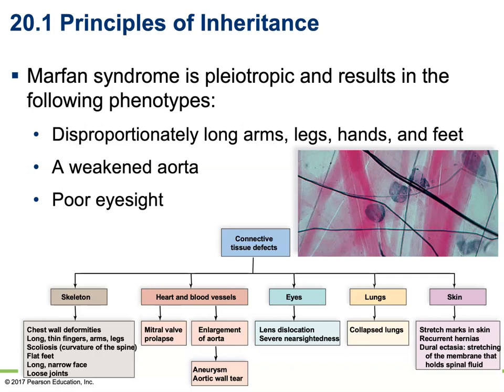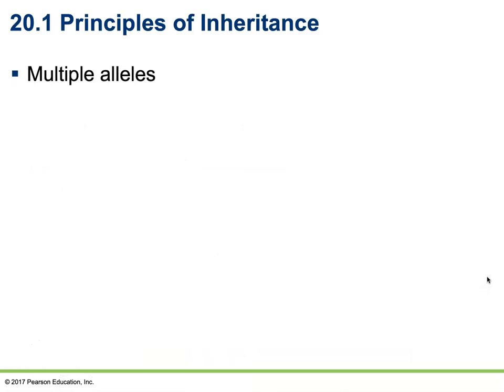It's because Marfan syndrome is a connective tissue disorder. Because it affects connective tissues, it affects the skeleton, your heart and blood vessels, your eyes, your lungs, and your skin. So even though these symptoms seem really weird and disparate, like they have nothing in common, they're actually very closely related because it all comes back down to that connective tissue disorder.